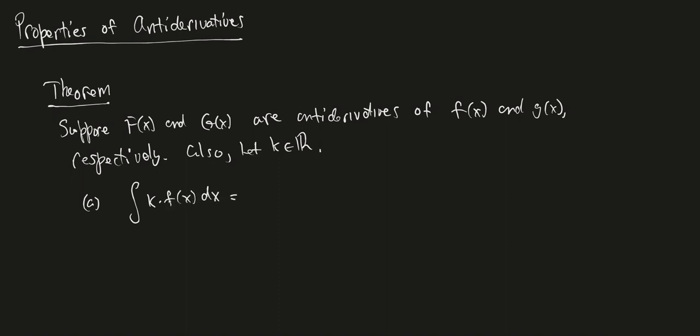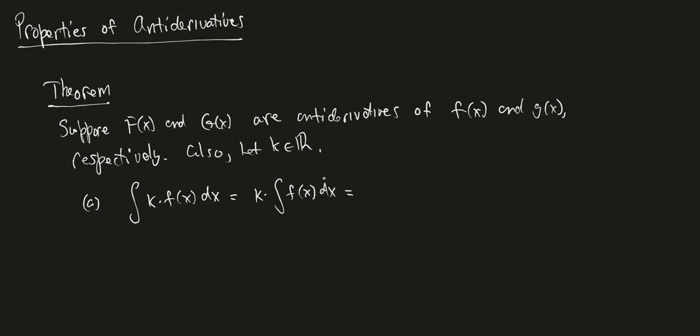Remember, if we had to differentiate a constant times a function, we were able to bring the constant down, or another way to think about it is that we could factor the constant out of the derivative. Well, we can do the same thing here. We can factor the constant out of the antiderivative. So I can pull k and put it in front, so this ends up being k times the antiderivative of little f of x dx.